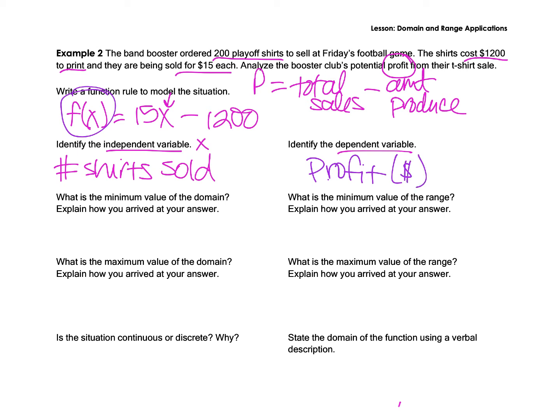What is the maximum value of the domain? Explain how you arrived at your answer. Minimum. So the minimum value of your domain, the number of shirts sold, would be 0, because we always want it to be positive. So number of shirts has to be positive.